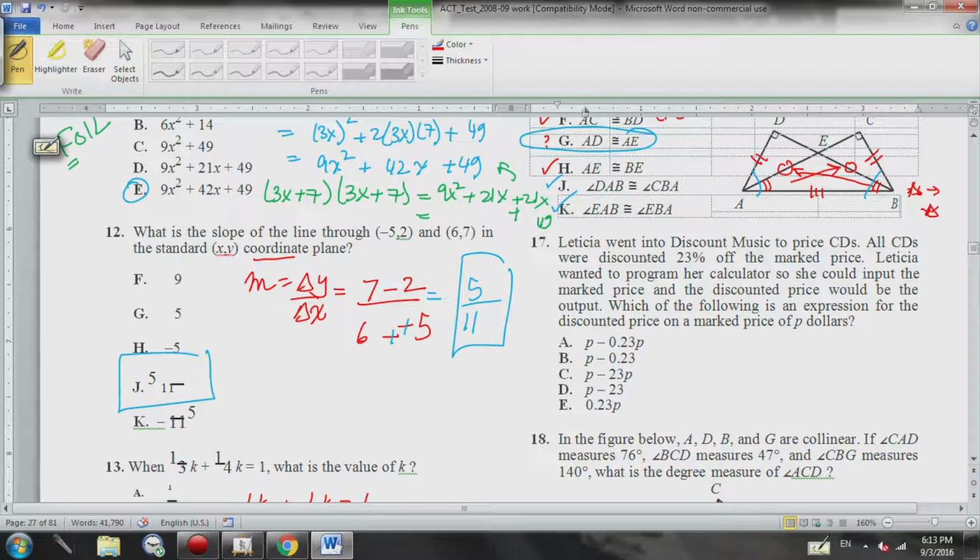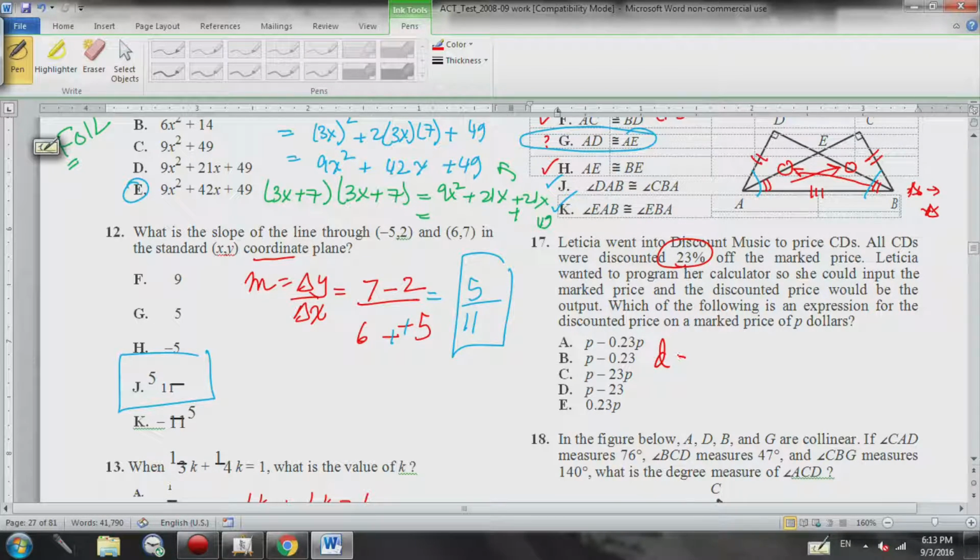All CDs were discounted 23%. So they're 23% off. Leticia wanted to program her calculator so she can input the marked price and the discounted price would be the output. So she wants to input the marked price and push one button and it will give you the discounted price. Which of the following is an expression for the discounted price?